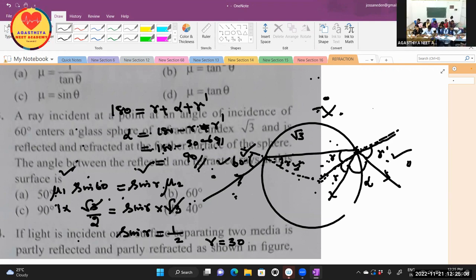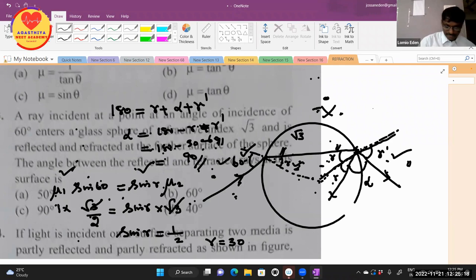This angle R is equal to this angle because it is the same medium. Here also glass, here also glass. Therefore, R is equal to R. You have to understand the concept. That is a very main concept.